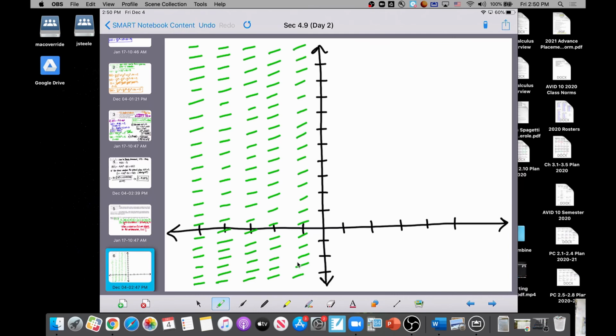And then at x equals 0, I'm at a slope of 1. So up 1, right 1. A slope of 1 looks like about like that. That's why the lines on the y-axis help us figure out how steep our lines should be. And then I'm at a slope of 2.5. So again, you can go up 2.5, right 1.